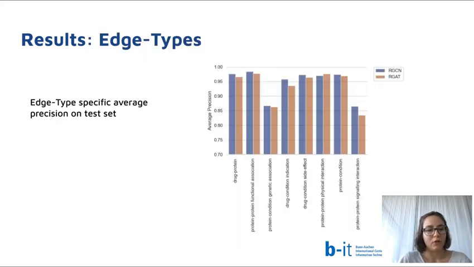So I also wanted to show you how the results for the specific edge types look like. And here you can see that since we optimized or tuned the model on the side effect edge, we also got the results that we were hoping for in the prediction of drug condition side effect edges.